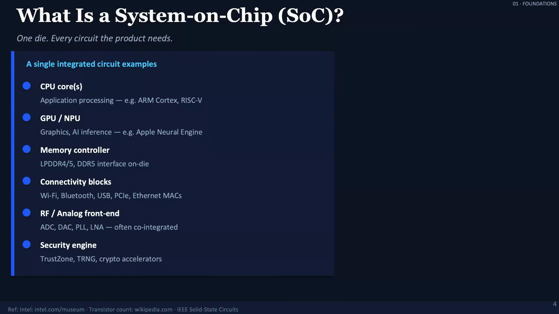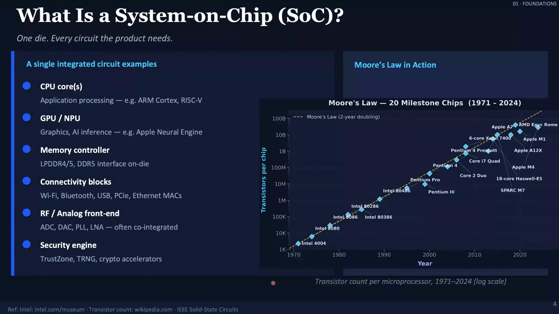This level of integration did not happen overnight. The chart on the right-hand side shows how transistor counts have grown over time, in line with the long-term trend we often call Moore's law, which doubles the technology every 2 years.